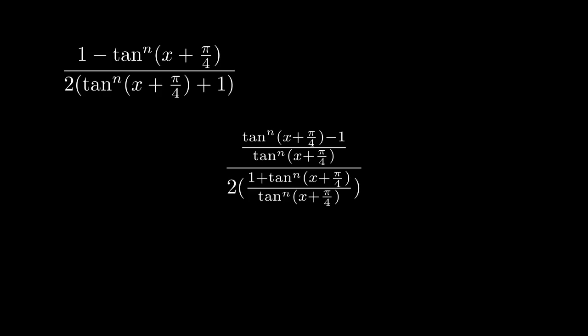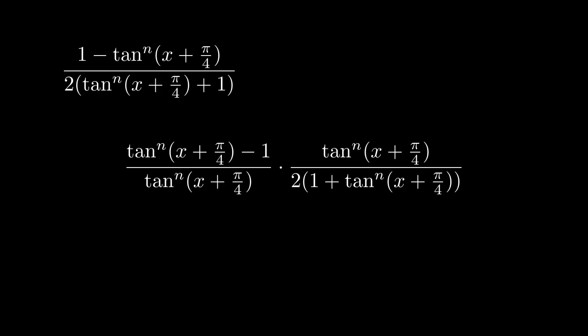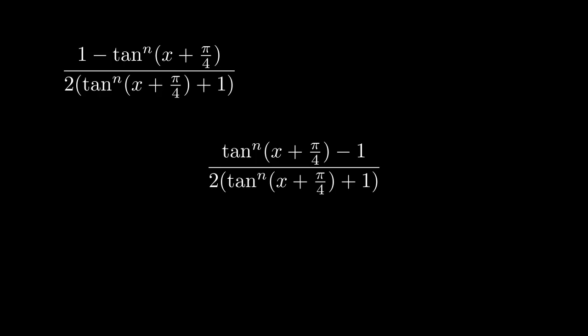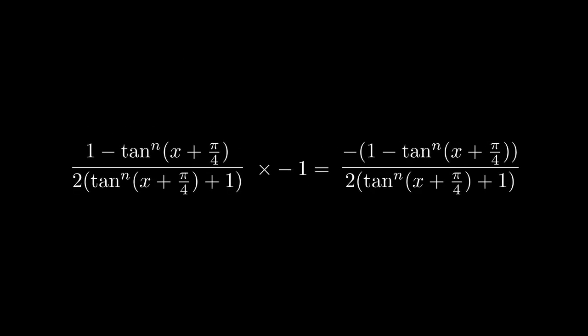Now, using the fact that dividing by a fraction is the same thing as multiplying by the reciprocal, we can just pull the denominator out over here on the right. And notice what happens once we flip the denominator. We get these cross terms that cancel out. The resulting fraction looks insanely like the fraction we started out with, and sure enough, once you rearrange the terms on the top and pull out a negative, you get the original expression just multiplied by -1.